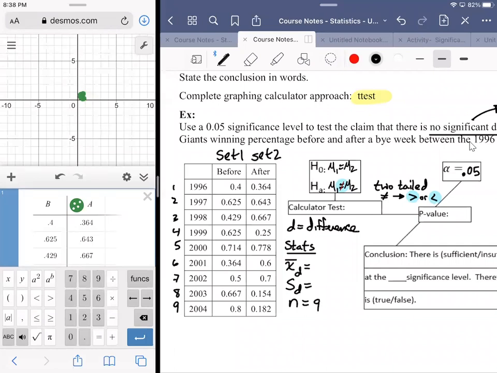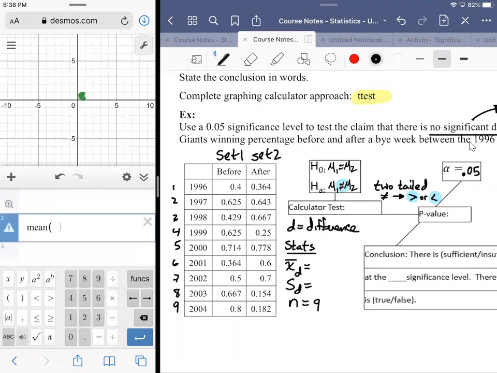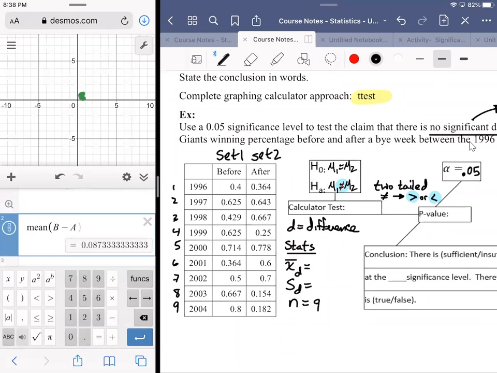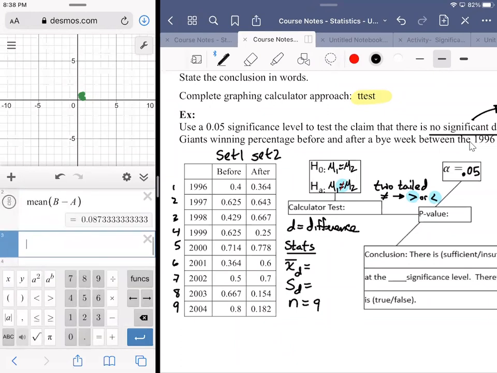All right. So instead of making a new column of just the differences, I'm going to go to function, under stats, mean, and I'm going to type in B minus A. And it's going to give me the mean.